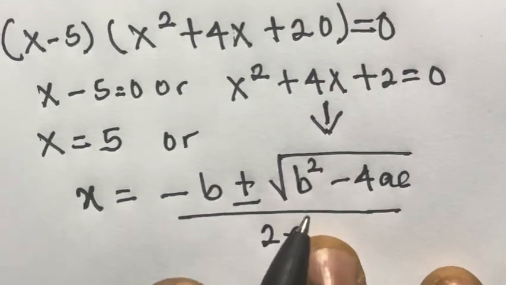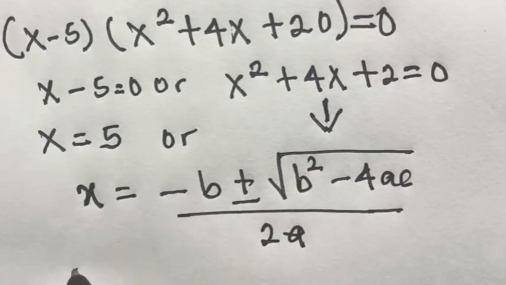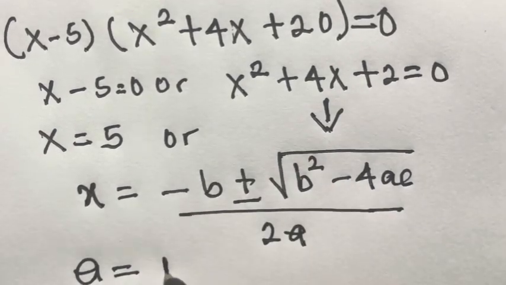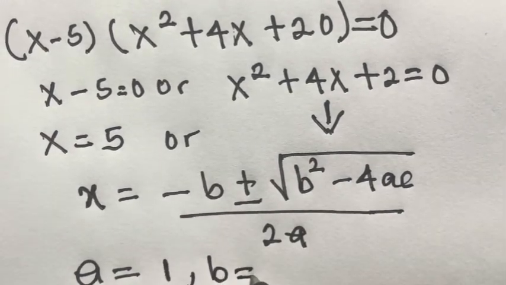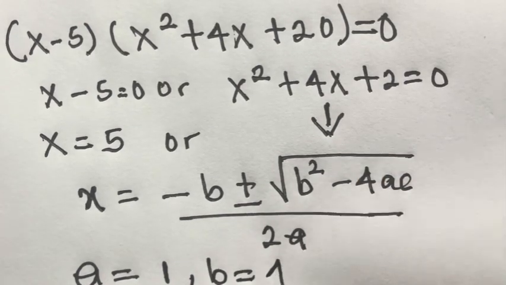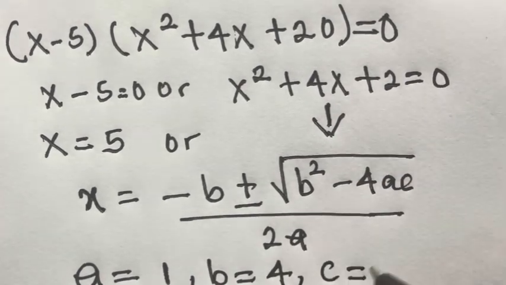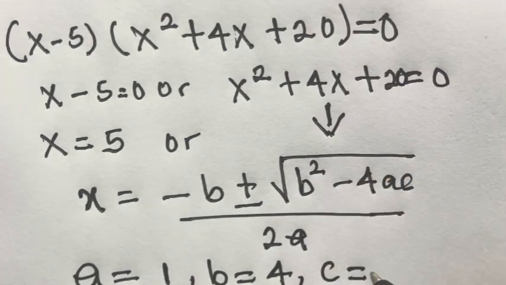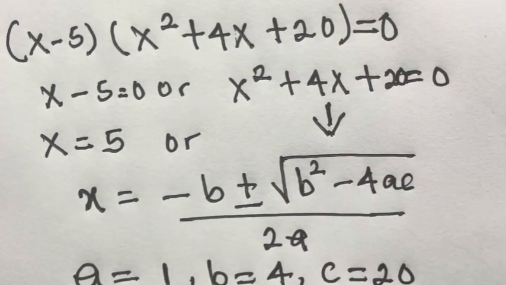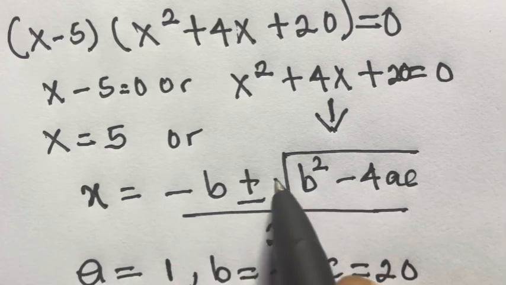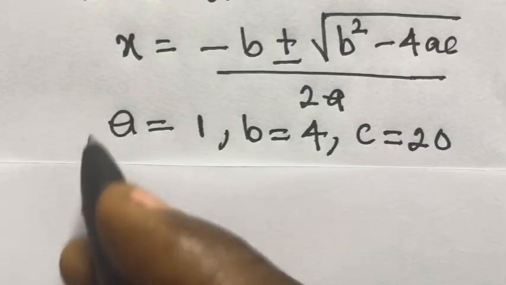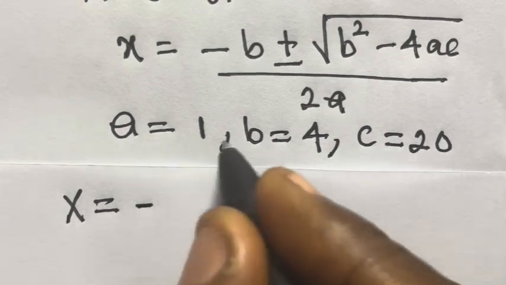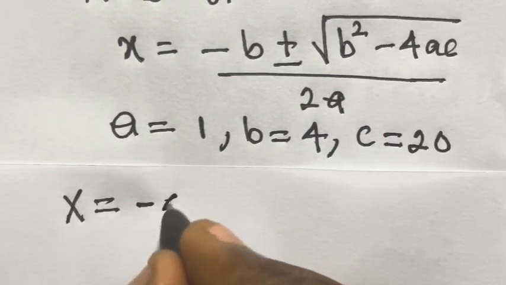From the above expression, we have a, the coefficient of x squared, to be 1, b, the coefficient of x, is 4, and c, our constant, is, okay, sorry, we have 20 here, so that is 20. What's our b? Minus 4.